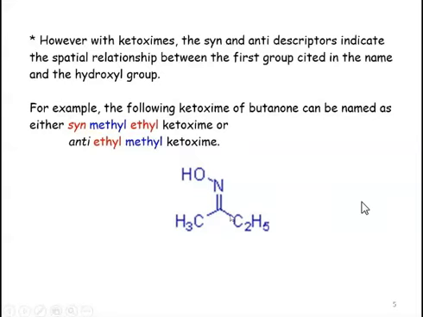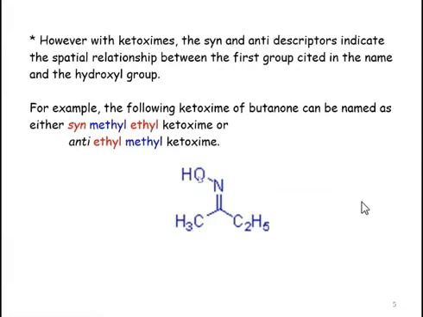Now let us see this molecule. It is ethyl methyl ketone oxime. On one side is a methyl group, on the other side an ethyl group. Now the ethyl group and the OH functional group lie opposite to each other. If the methyl term is cited first, then we can say the methyl group and OH group lie on the same side, hence it is syn configuration.